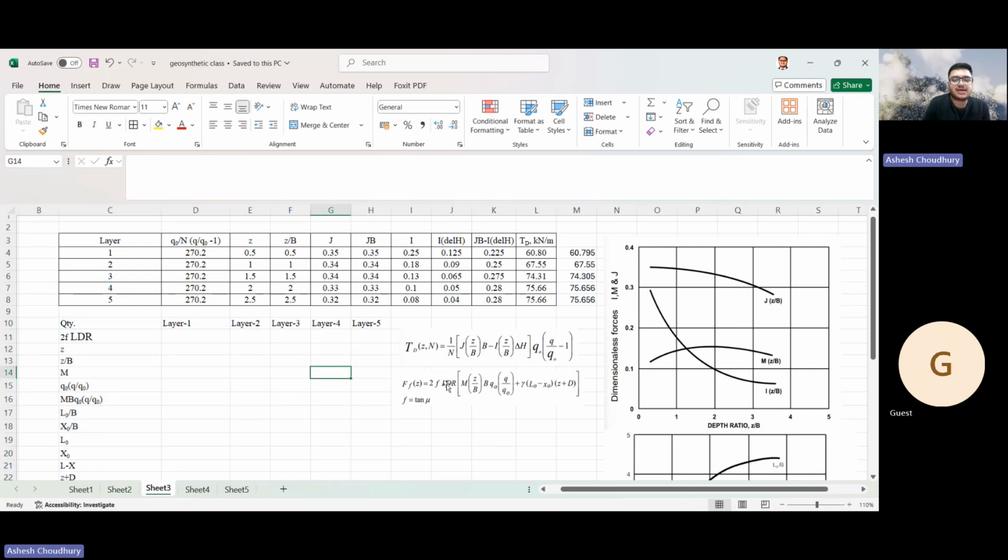FF is 2 F LDR times M into B into Q naught Q by Q naught plus gamma into L naught minus X naught times Z plus T. So all these things I have to do. The depth of foundation is given in the question as 1 meter.